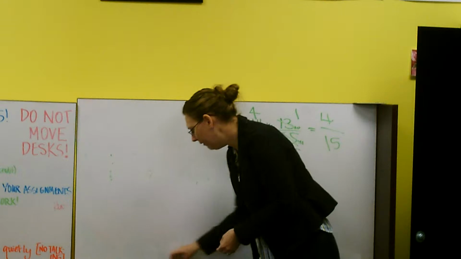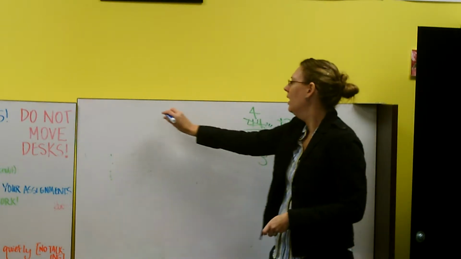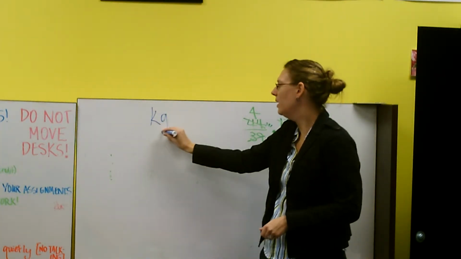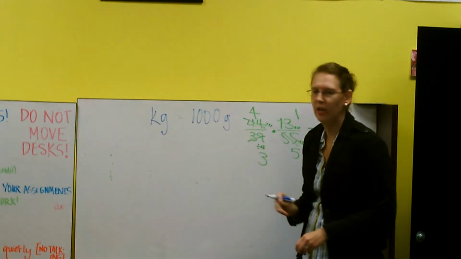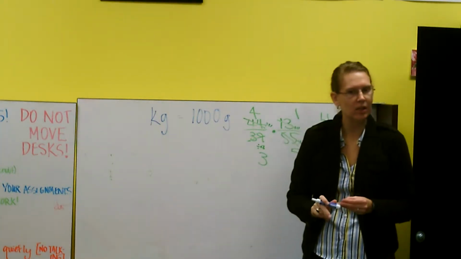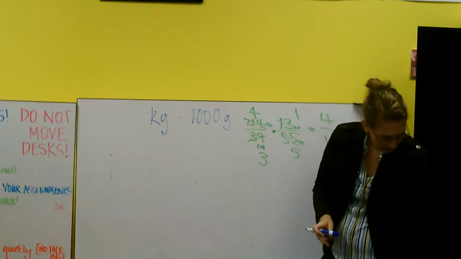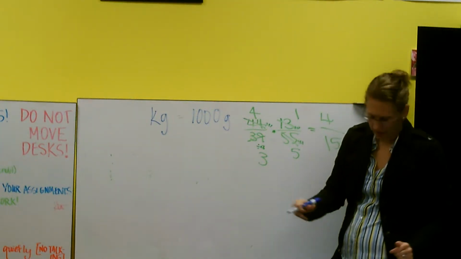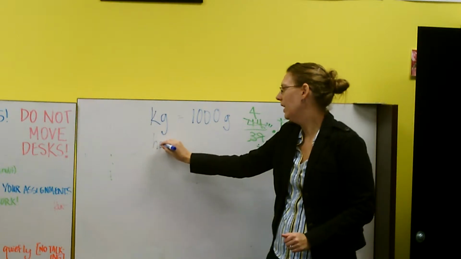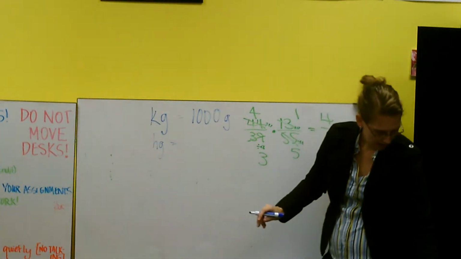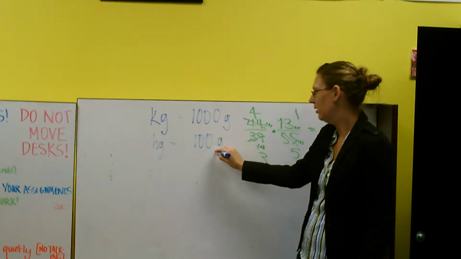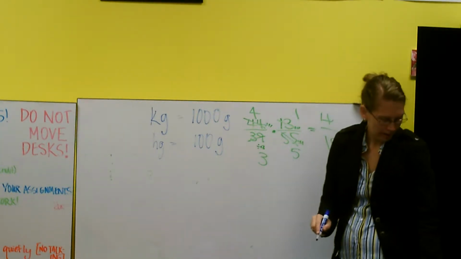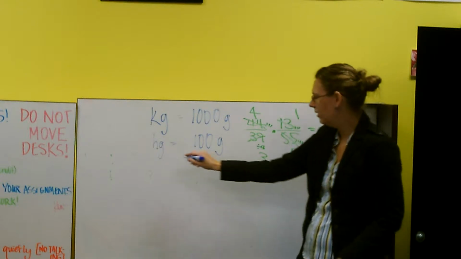So for every kilogram, kg, there are 1,000 grams. Does that make sense? For every hectogram, Hg, it tells us 100. So 100 grams.